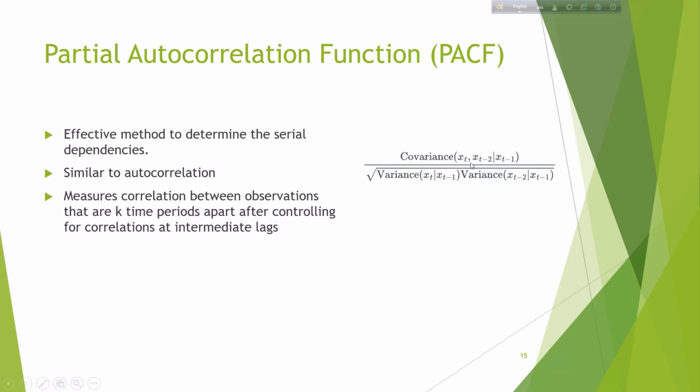Here xt minus 2, xt minus 1 is a time series, but the partial autocorrelation function calculates the covariance between xt and xt minus 2 after controlling for the intermediate lag xt minus 1. The partial autocorrelation function is used to determine the autoregressive order p. This is the basics of time series analysis.